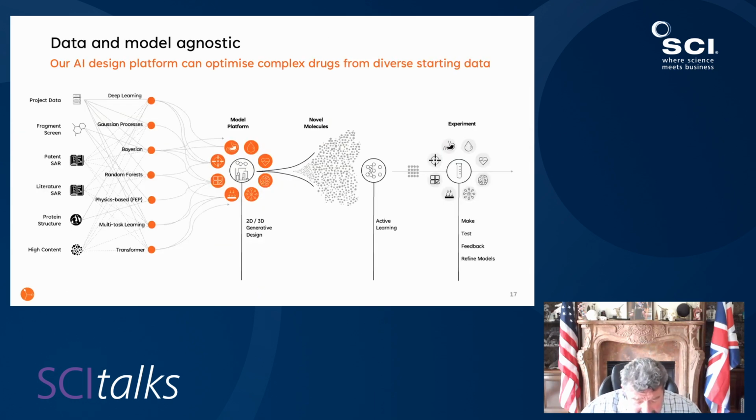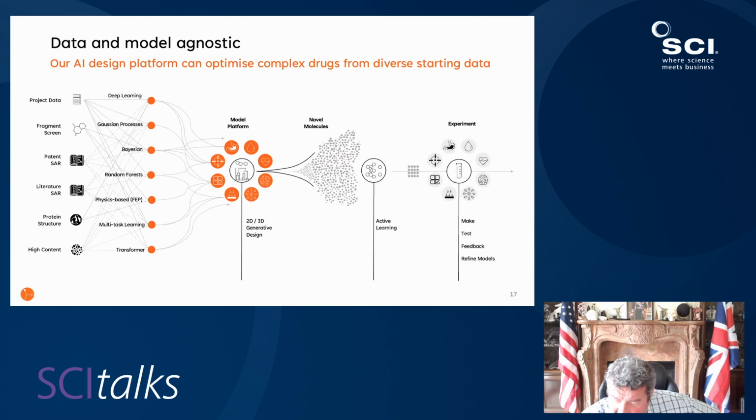Another general feature of Exscientia's philosophy and also our platform is that we've tried to be as broadly target applicable as possible, and we haven't nailed our technology to a particular subtype of AI algorithm.